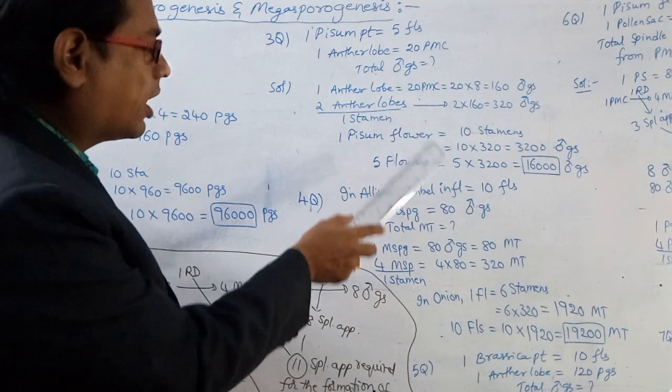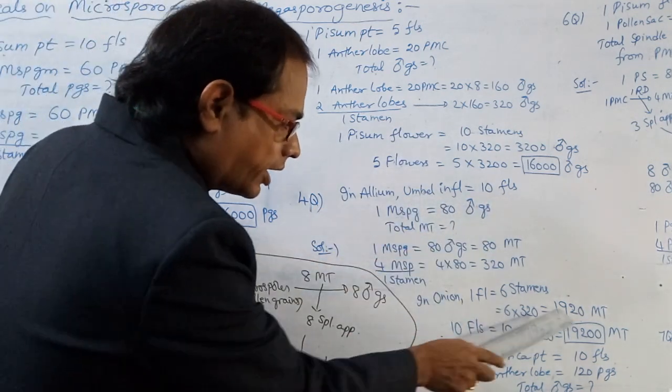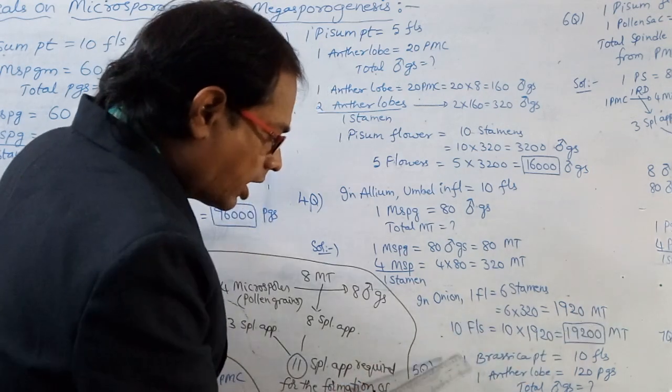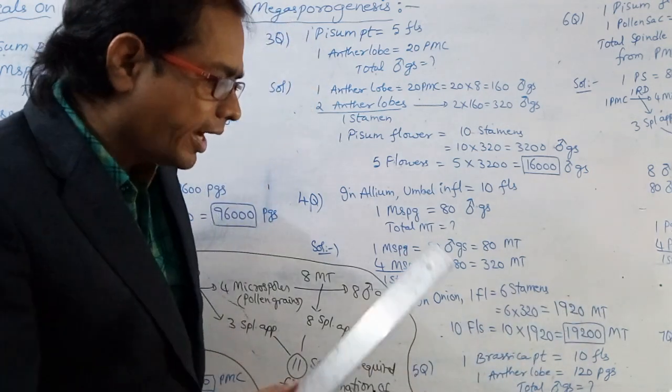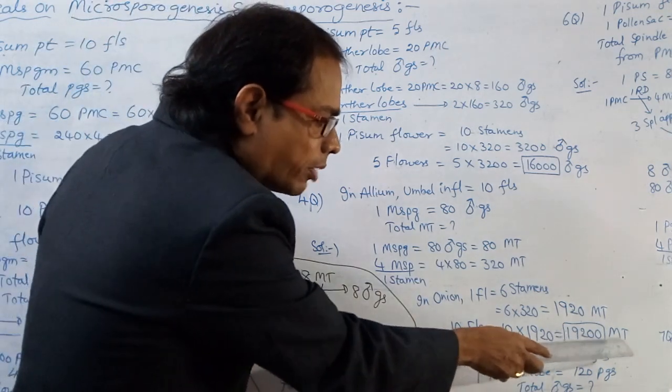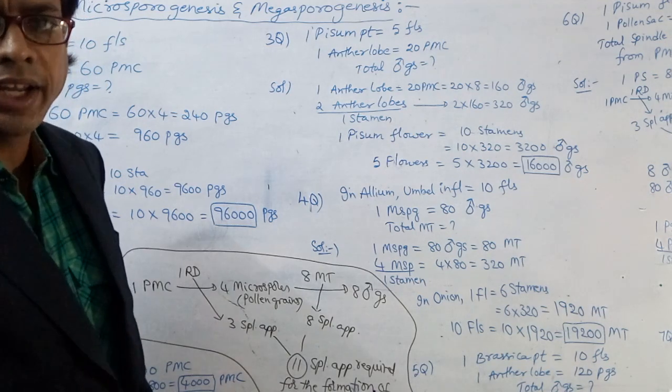So they are asked for 10 flowers. One flower containing 1920 mitosis, and for 10 flowers means 10 into 1920, that is equal to 19,200 mitosis. Isn't it? Is it clear, my dear students?